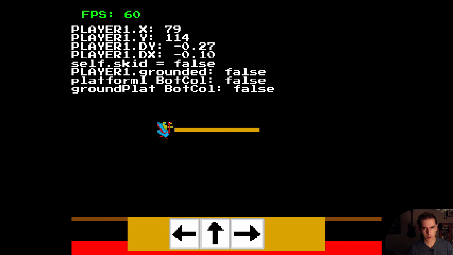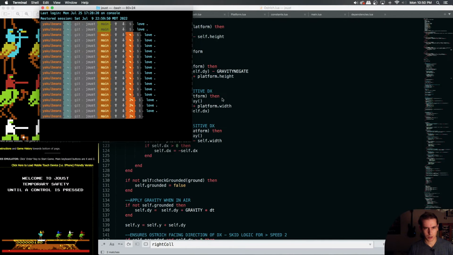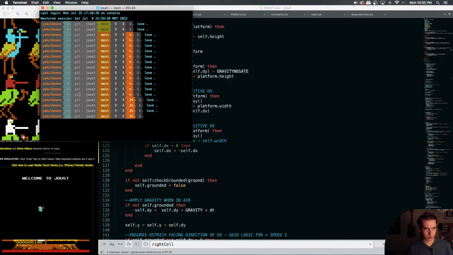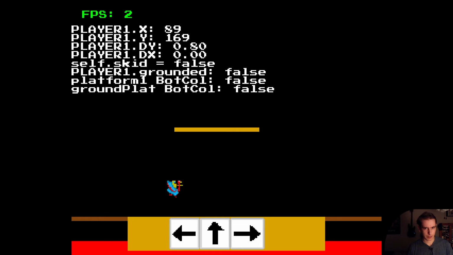Okay. And then if we take that off, I guess is it less jarring than that? Well, I mean, it still looks like it's resetting its X. No?